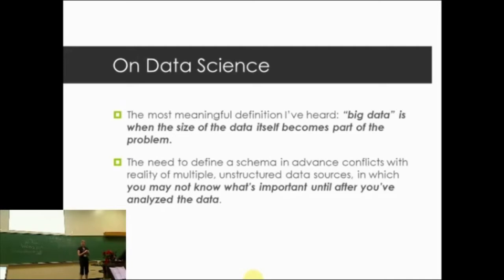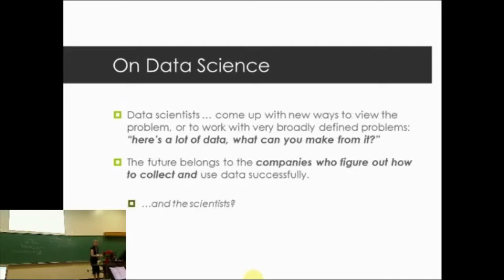Do you have access still? Just a question. Data scientists come up with new ways to view the problem. Here's a lot of data, what can you make from it? Some really interesting notions of agency, emergence, and the role of the data scientist in the production of what questions can be answered as well as what questions will be answered.